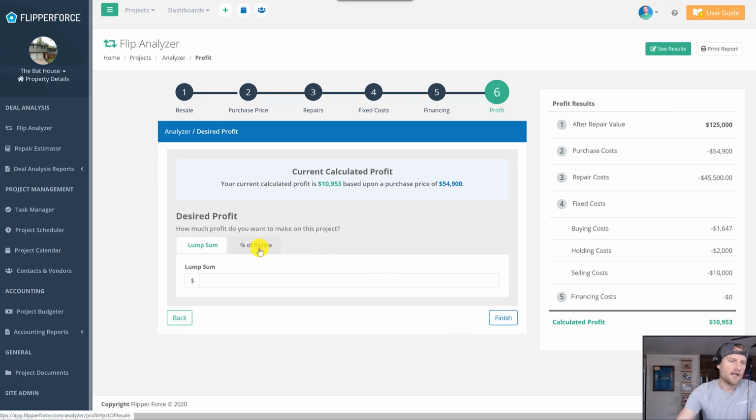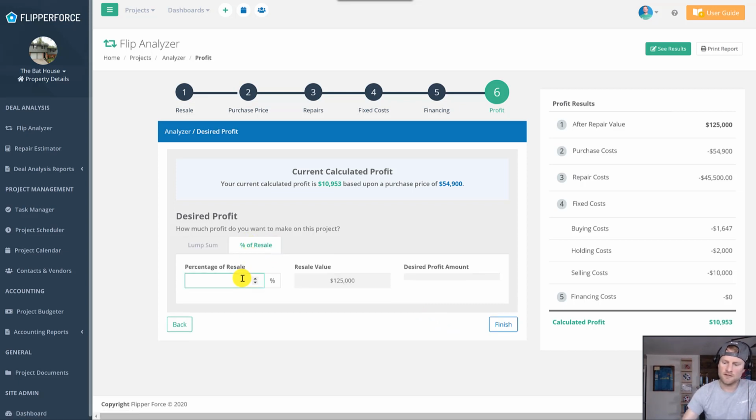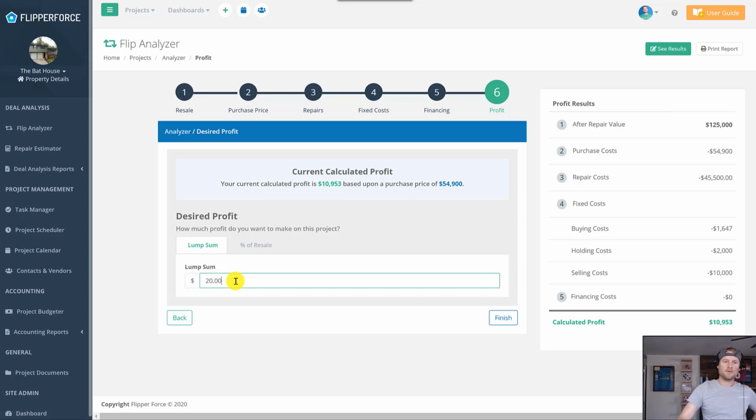So we need to tell the calculator how much we want to make. Generally speaking, I'll want to make either 15% of the ARV, which is 15% times 125,000, or about $18,000, or a minimum of maybe $20,000. So let's just plug in 20,000 as how much we want to make on this deal.